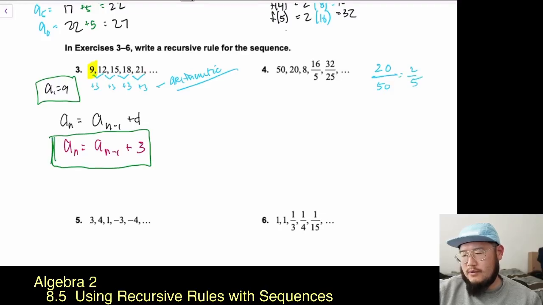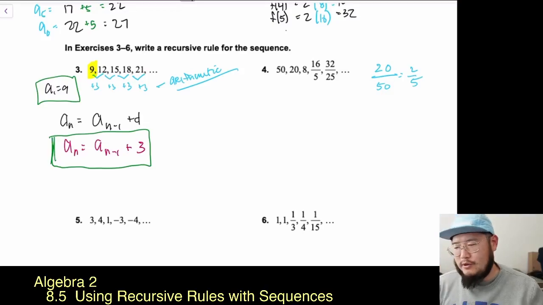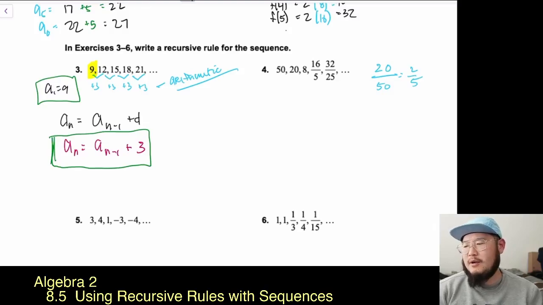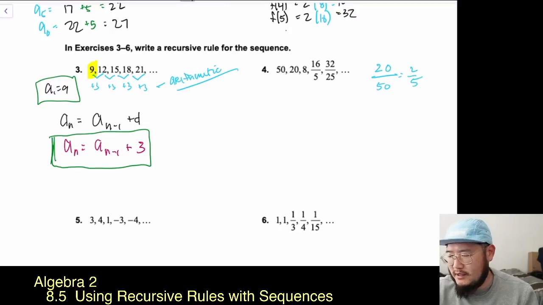So if I take 20 and multiply that by 2/5, does that get me 8? And if I take 8 and I multiply that by 2/5, does that get me 16 over 5? And take 16 over 5 and multiply by 2/5, does that equal 32 over 25? And that does happen to be the case. So we have ourselves geometric right here.